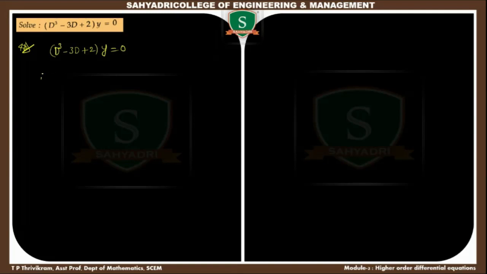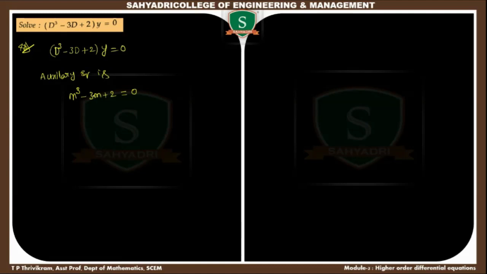So the auxiliary equation is m cube minus 3m plus 2 equal to 0. Now for this I have to check the initial solution.